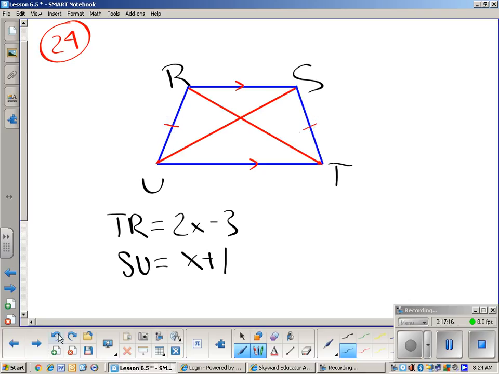The diagonals are congruent. Yeah, the diagonals are congruent, so that means RT is equal to SU. The distance from R to T is equal to the distance from S to U. And RT is the same as TR, so that means 2x minus 3 equals SU, which is x plus 1.